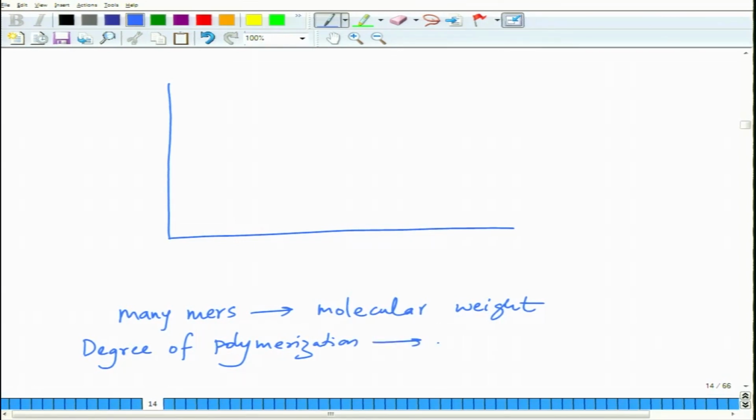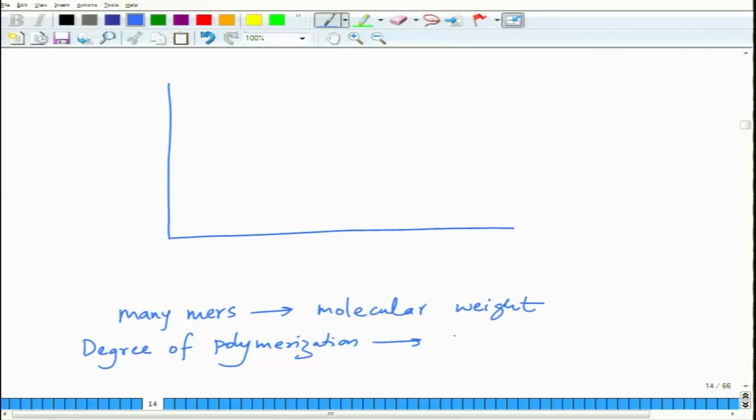So degree of polymerization basically is the degree to which MERS attach to each other. So if you have higher molecular weight, which means if you have, let us say, a C2H4 molecule, this n is the degree of polymerization. So higher molecular weight will mean higher value of n. So higher the degree of polymerization, higher the molecular weight of polymers will be.